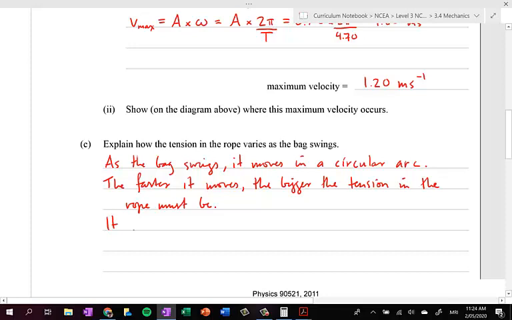And it moves fastest at the bottom. The reason that it has to be bigger tension is because the tension provides the centripetal force.